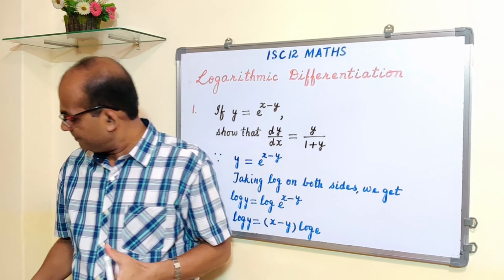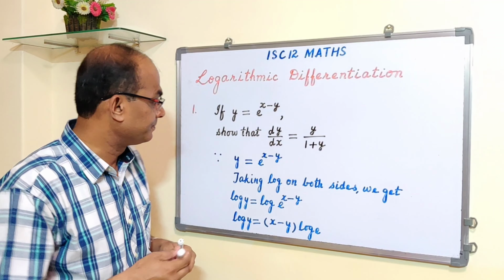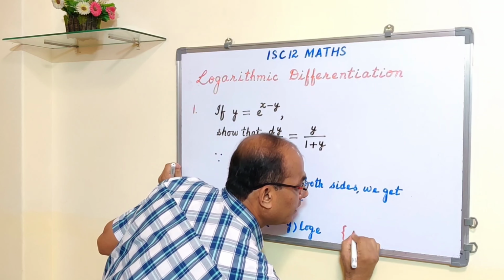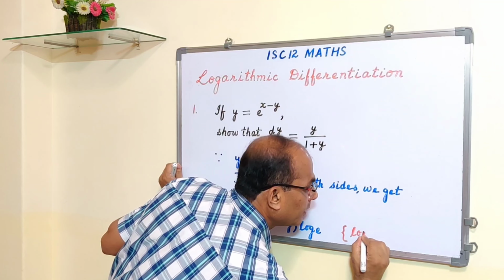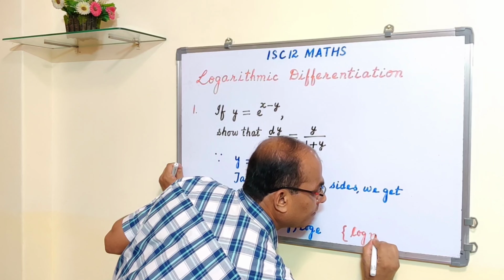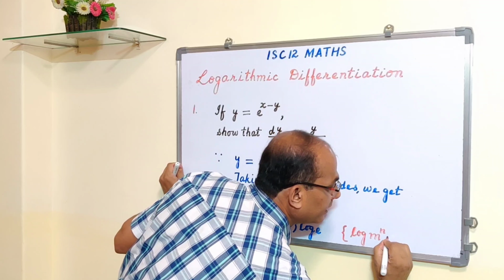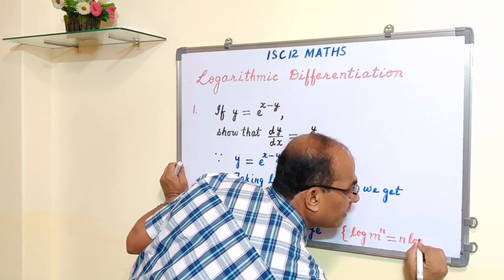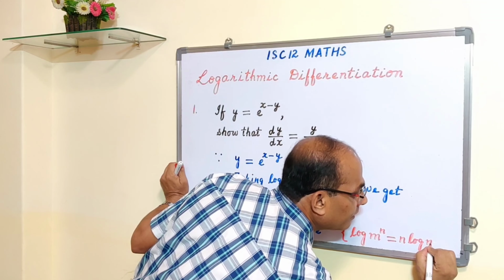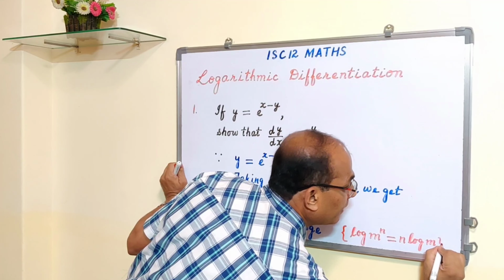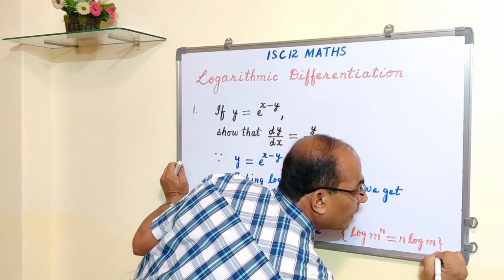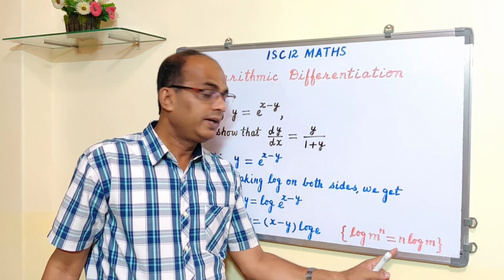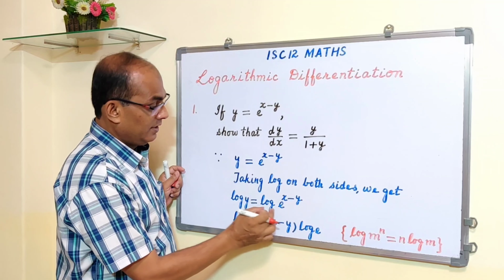Log m raised to the power n comes out as n log m.